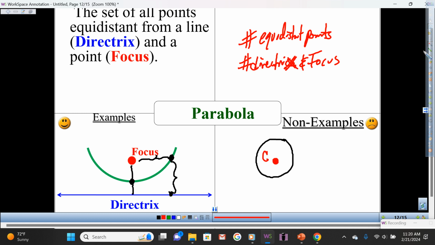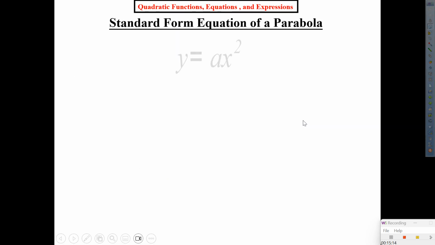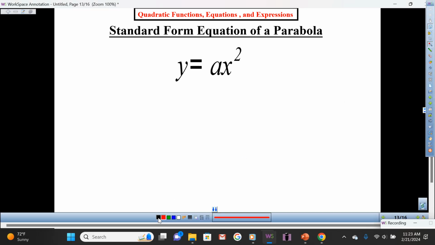All right? Y'all ready? So, now that we know what they are, their equation looks like this. Look up to the screen. Don't copy it. Does that look familiar? y equals ax squared. How about, look up, how about that? Does that look familiar?